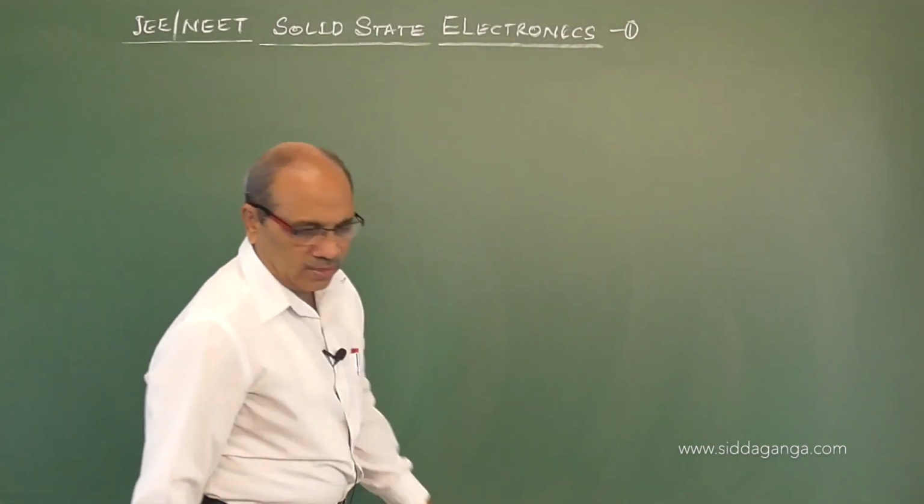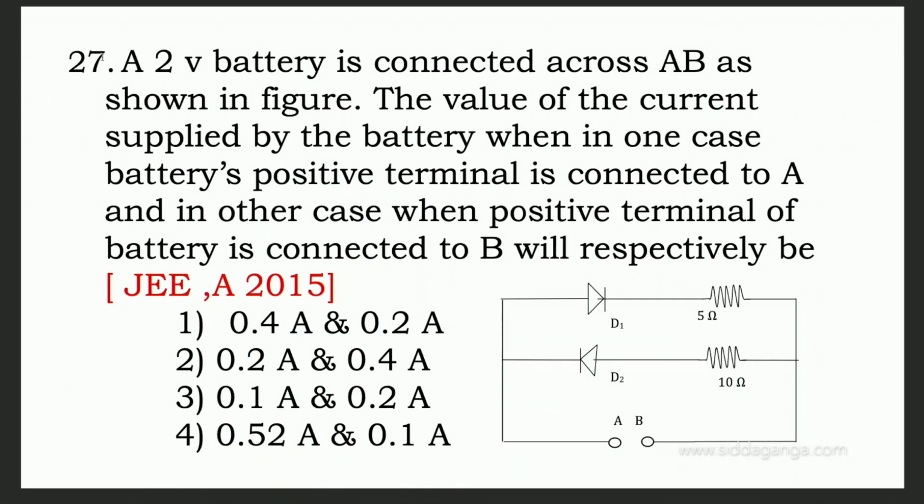Coming to question number 27. Here two diodes are connected, D1 with a resistor and D2 with a resistor: 10 ohm and 5 ohm.